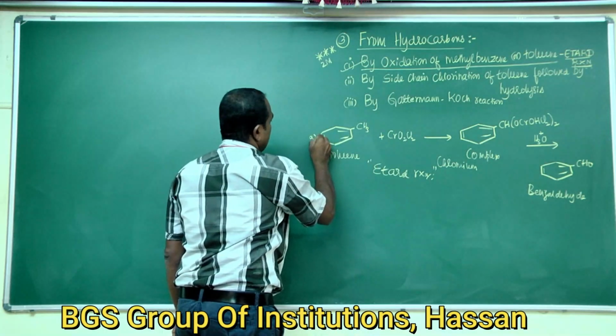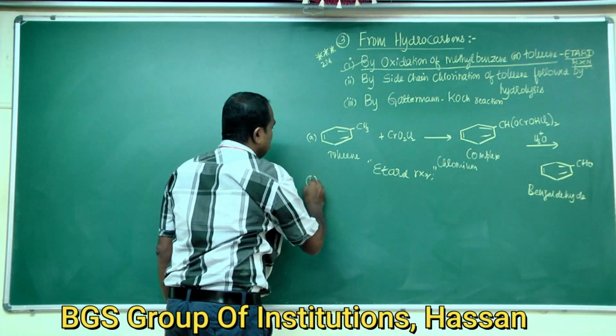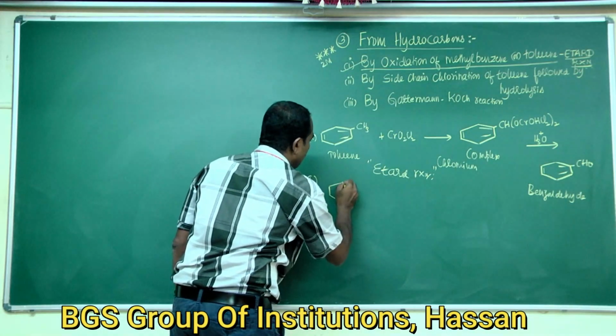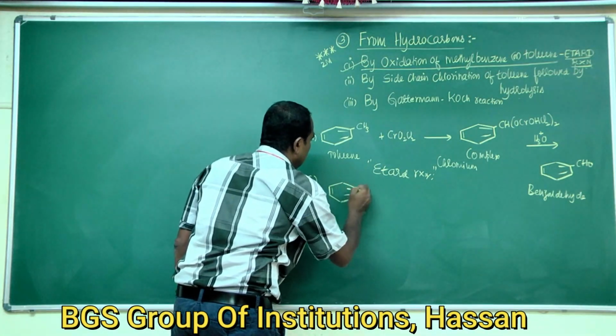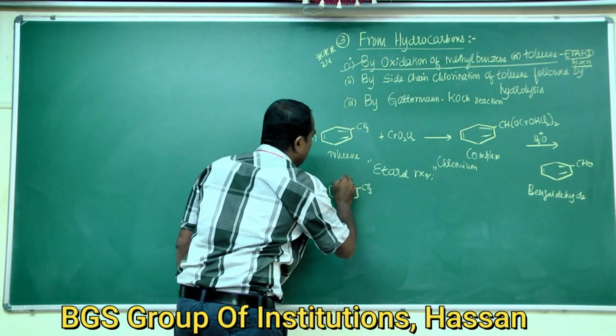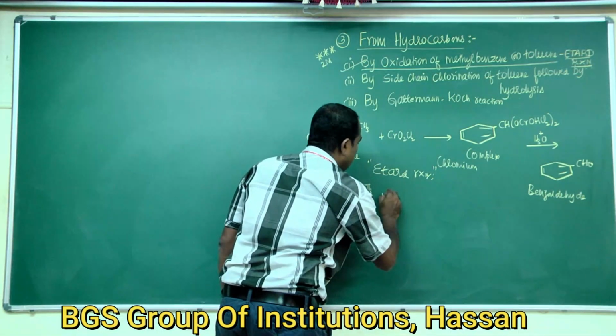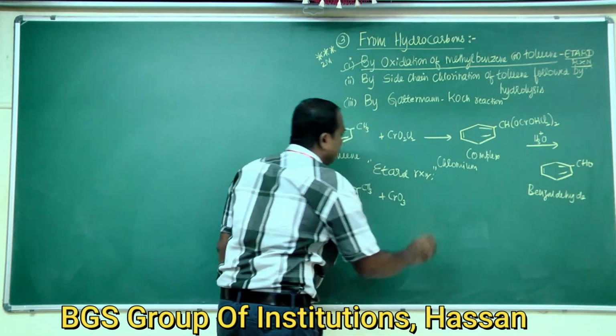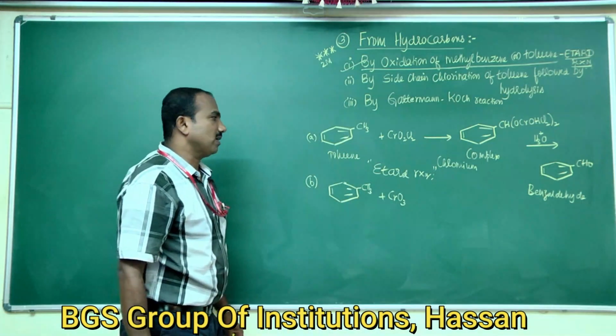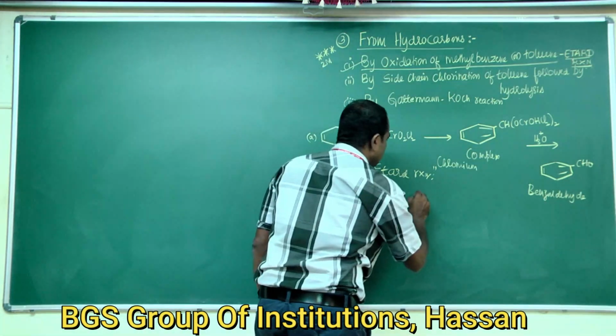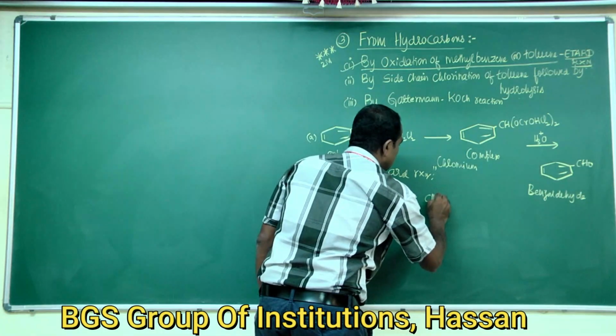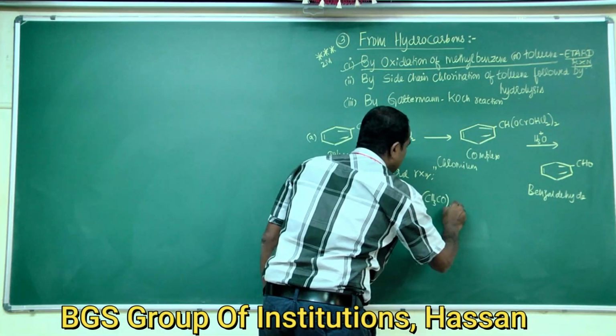The second method is when toluene is treated with chromic oxide, that is CrO3, and acetic anhydride.